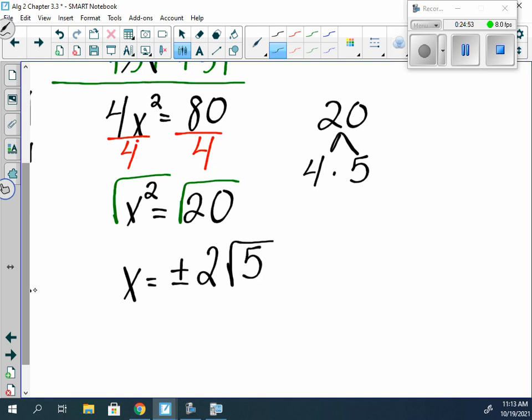Now, the yellow calculator is the TI-30XS, the ones that we have here, we'll do radicals. It will take the square root of 20 and tell you that it's 2 square root of 5. And it'll tell you just outright that's what it is. It will simplify radicals.